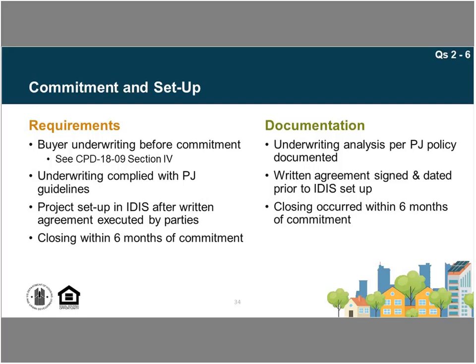So obviously the documentation is going to be your underwriting analysis and your written agreement, and that the underwriting analysis shows that it meets your policy. The written agreement was signed and dated by both parties prior to the setup in IDIS, and the closing occurred within 6 months. At that point, you have closed the project, delivered the assistance, and you have another homebuyer.